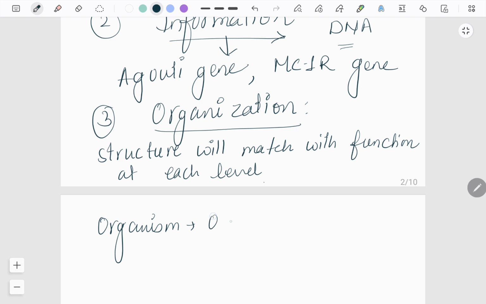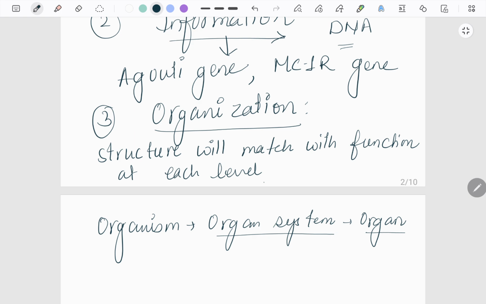Now in this organism, it will have organ systems, and one example I will give is the integumentary system, that involves the skin. So which organ are we talking about? Skin, which is a part of an organ system. Which organ system?